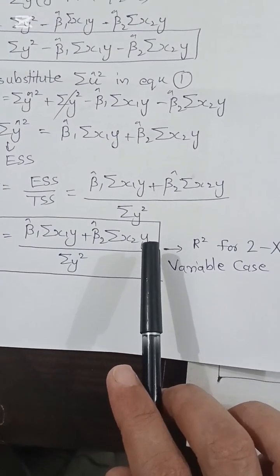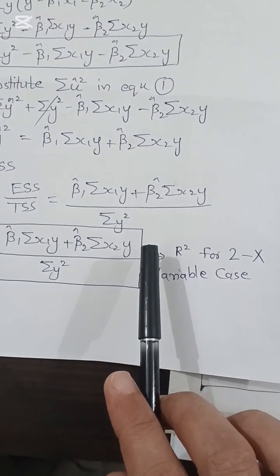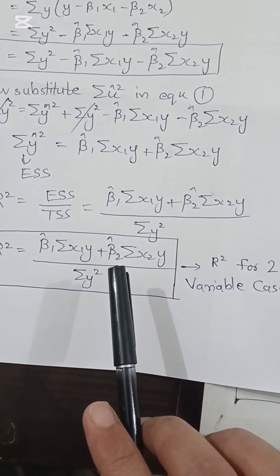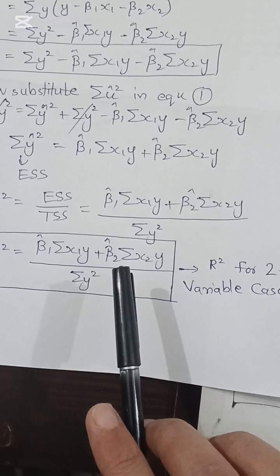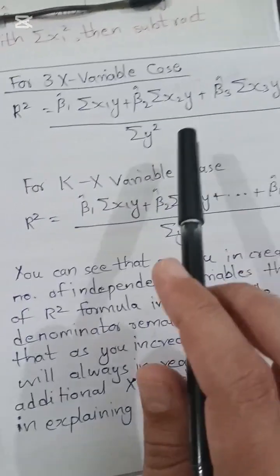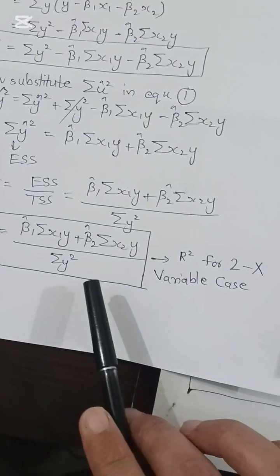And now look at this formula here. The beta 3 hat sum of x3 y is not found, because it is the formula of R square for two independent variable case. Only the difference is in the numerator. Denominators are the same.